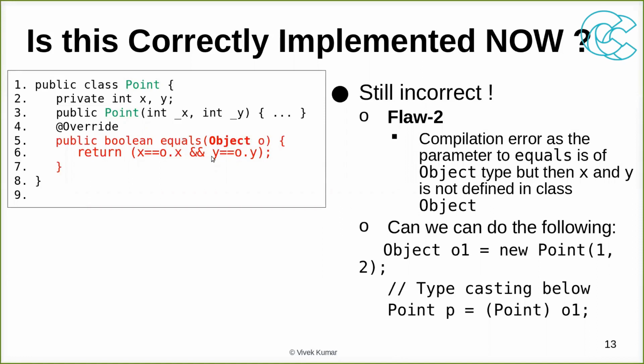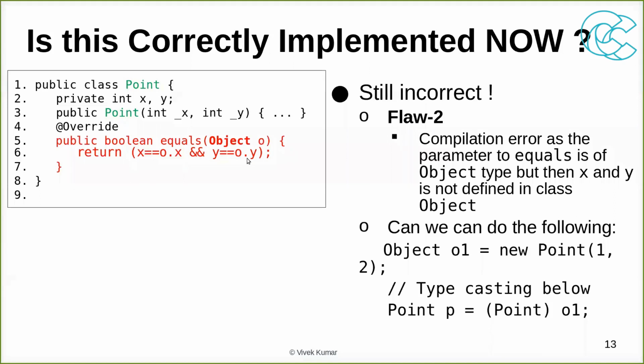But there are still some issues with it, because the issue would be in this line. You're saying o.x and o.y, but o is of type Object, and Object does not know about x and y. Point knows about x and y, but not Object. So if you say o.x and o.y, it will result in an error.